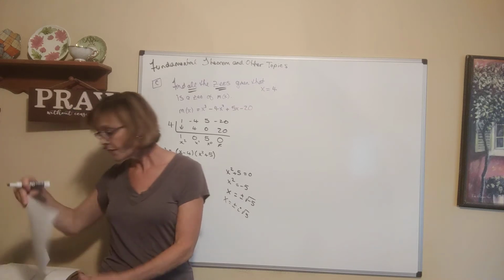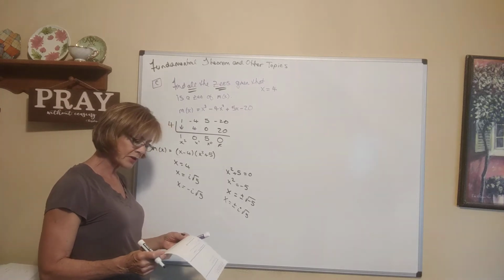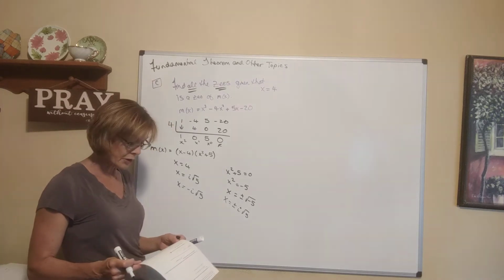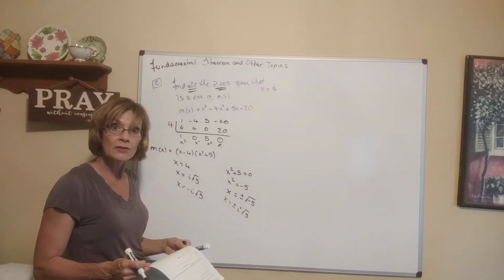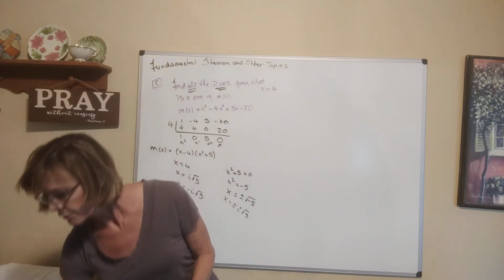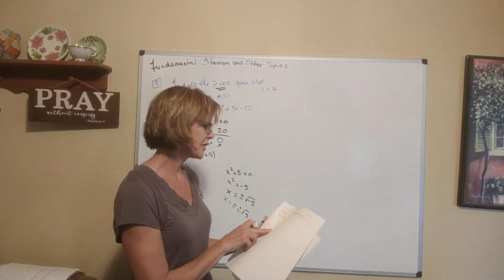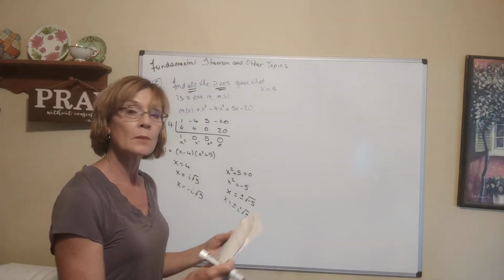D says, use the rational zero theorem to list all the possible rational zeros for the given polynomials. So that means we have to know what the rational zero theorem says. Let's look at the top of the worksheet where it talks about the rational zeros theorem. It gives you this polynomial. I'm going to write this down.